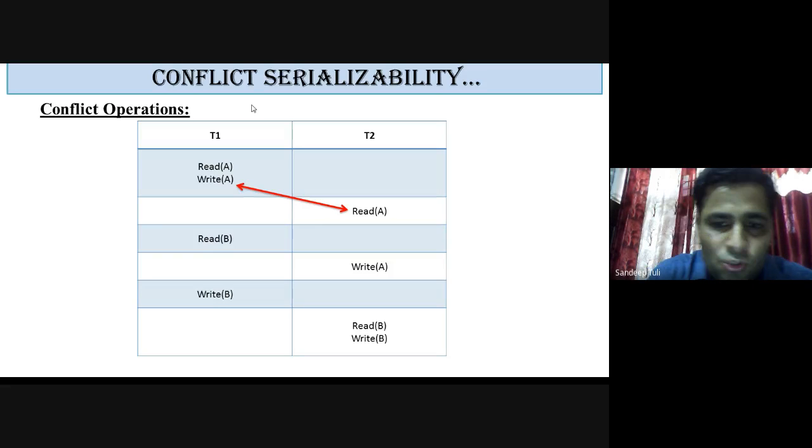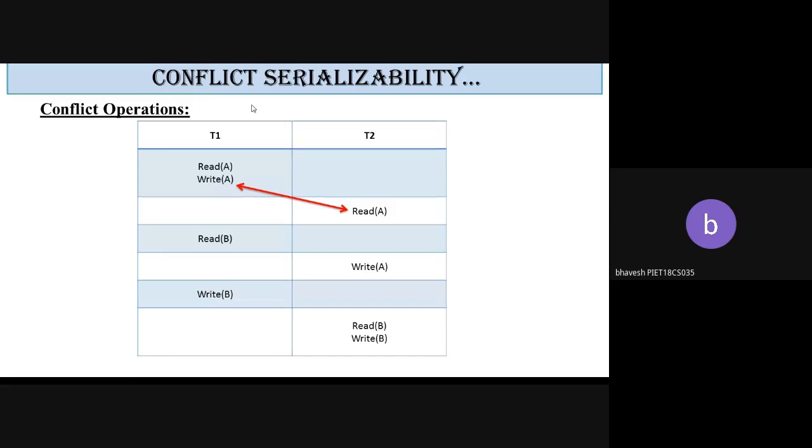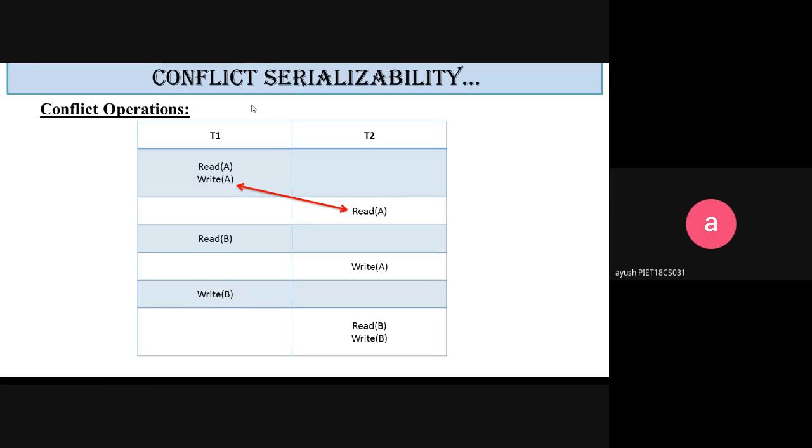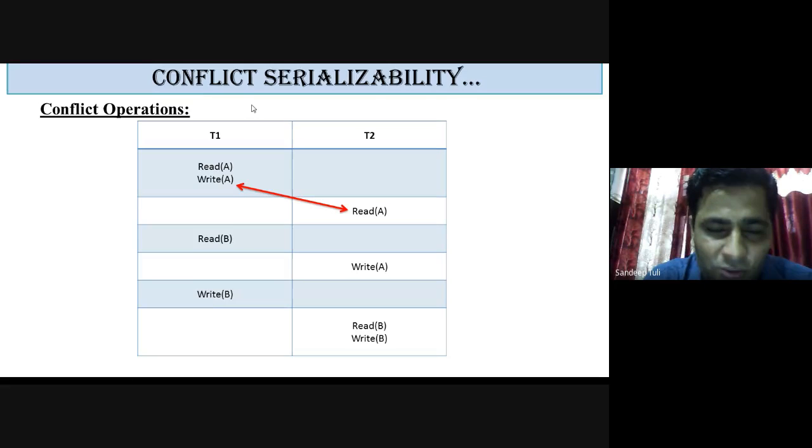First of all, see these two operations, write A and read B, the arrow is visible? Yes, sir. Now you need to tell me whether they are conflicting or non-conflicting. The first rule was whether they belong to different transactions or not. Yes, sir, they belong to different transactions. So the first thing is clear.